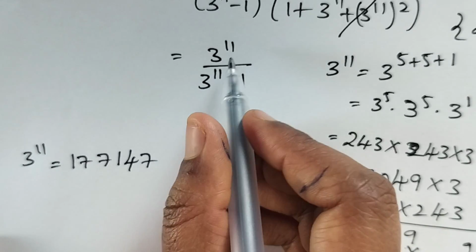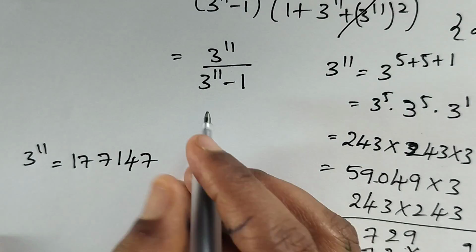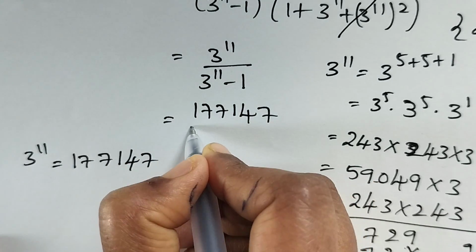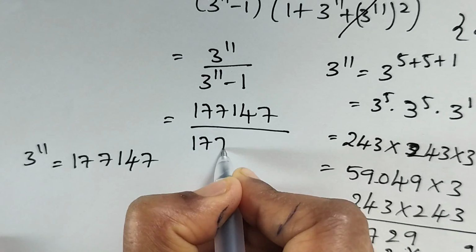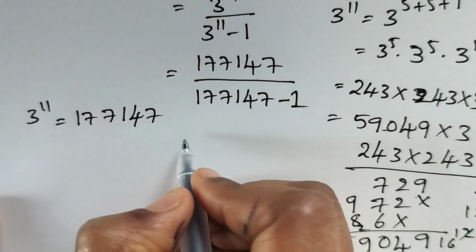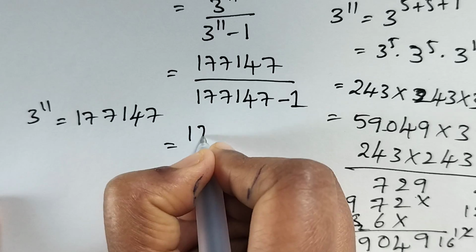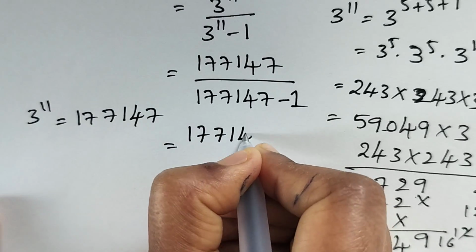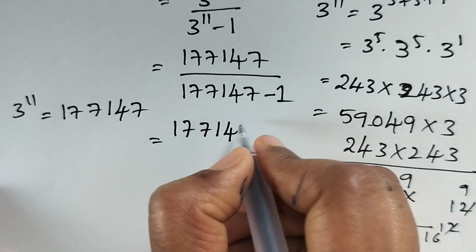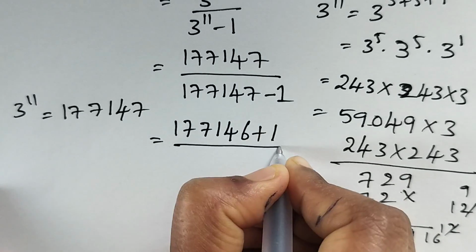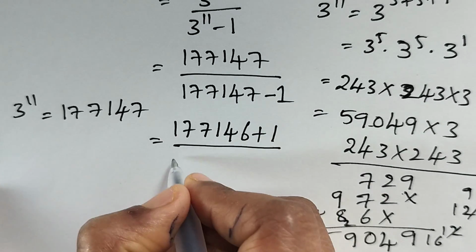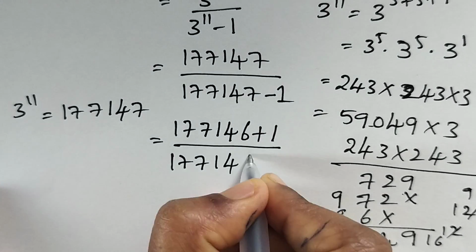So now in place of 3^11, we will write this term: 177,147 divided by 177,147 minus 1. We can write the numerator as 177,146 plus 1, divided by 177,146, since 177,147 minus 1 is equal to 177,146.